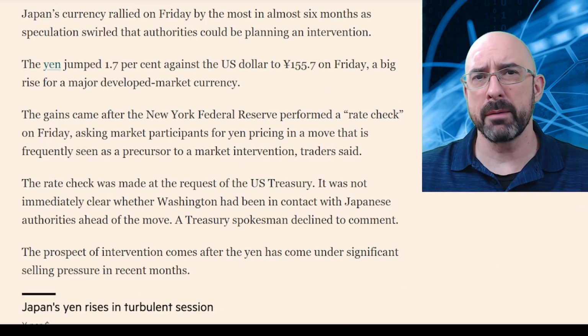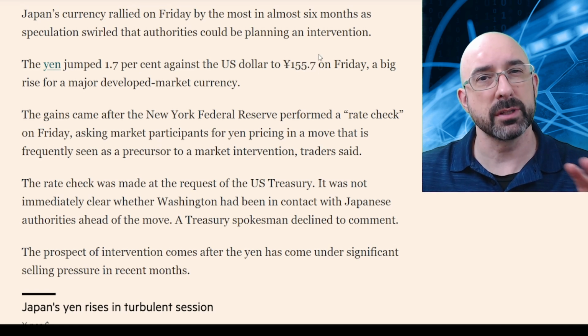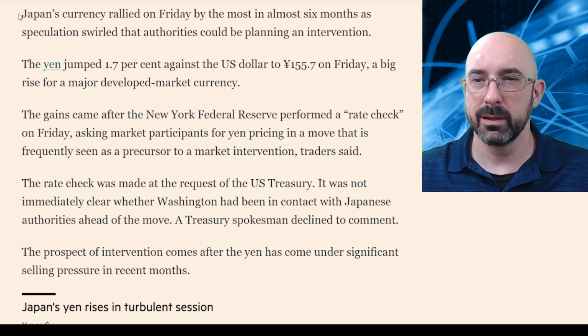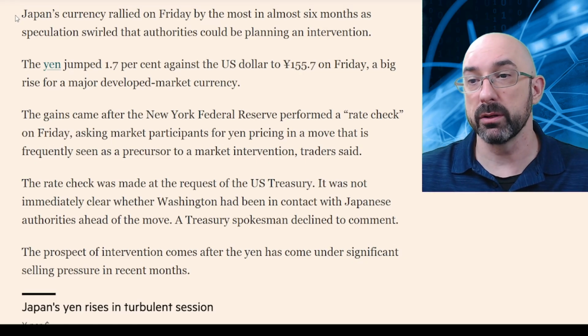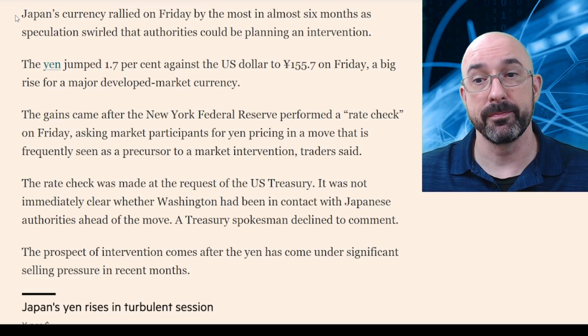To talk about our major business concepts, let's go ahead and look at our first couple of paragraphs here. Japan's currency rallied on Friday by the most in almost 6 months as speculation swirled that authorities could be planning an intervention.